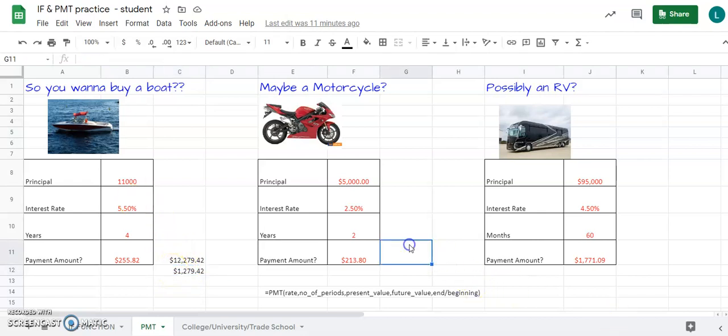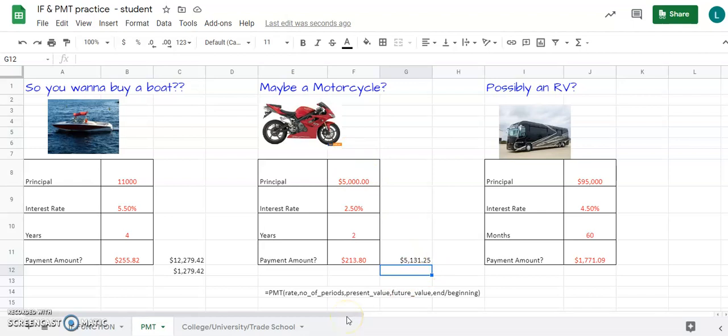So if I do the same thing here, let's try it. $213.80 times 2 years, but that's how many months? That's 24 months. I really paid $5,131.25, which isn't so bad. $131.25, you can see that pretty easily.